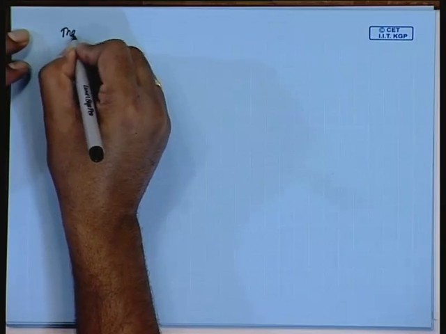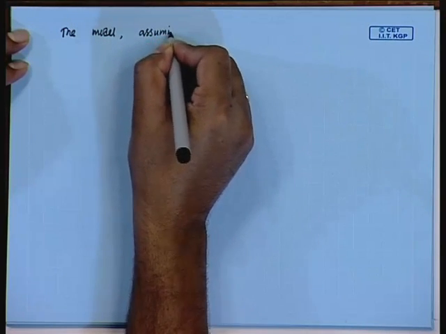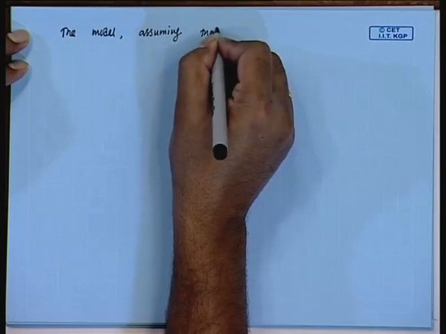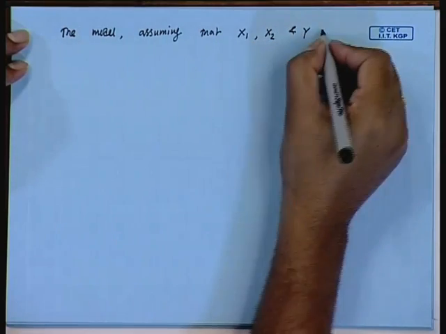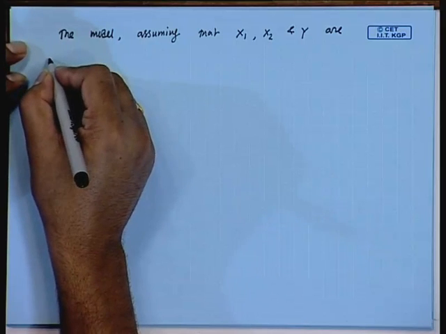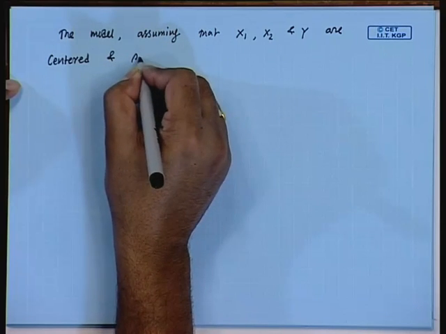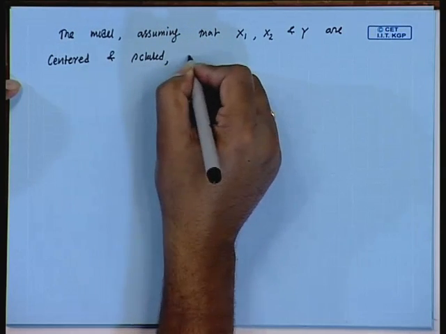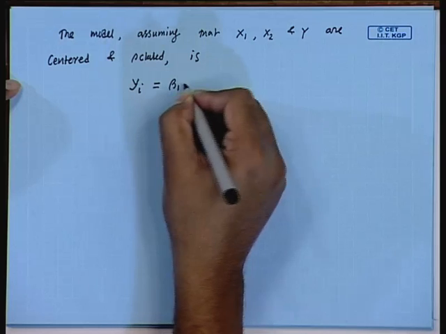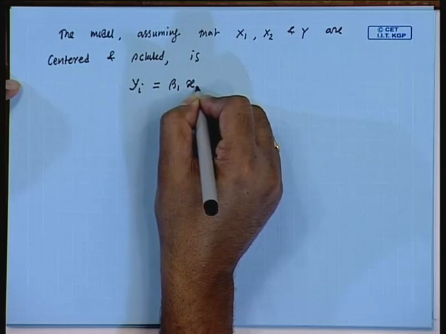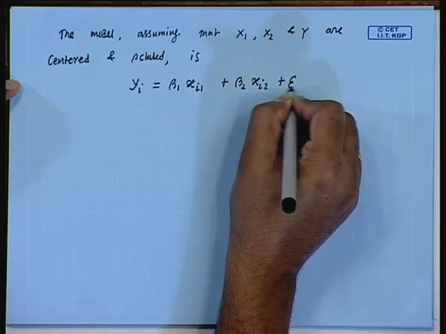So, the model, assuming that x1, x2 and y are centered and scaled, is just yi equal to beta 1 xi1 plus beta 2 xi2 plus epsilon i.